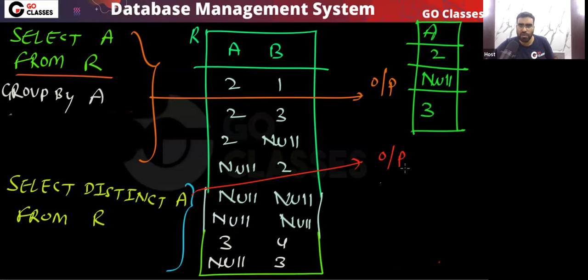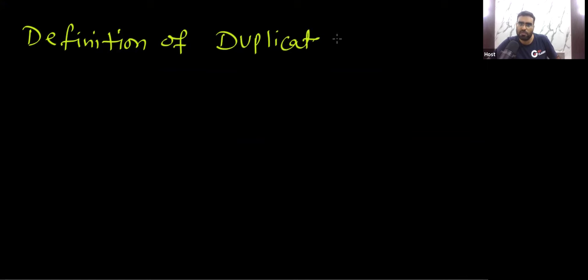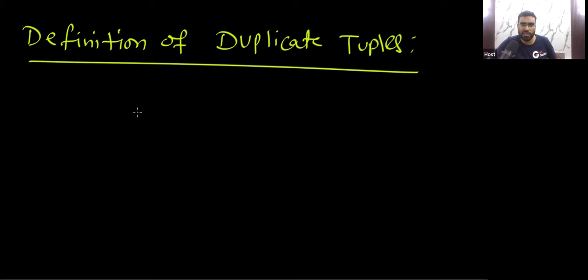This will be the output. Now you tell me the output of select distinct A. Do you remember the definition of distinct tuples? That will be useful here. The definition of duplicate tuples. Okay, do you remember that?